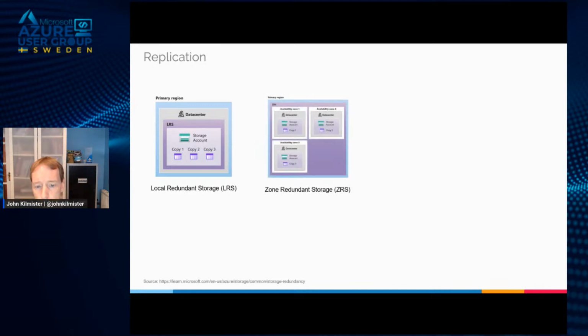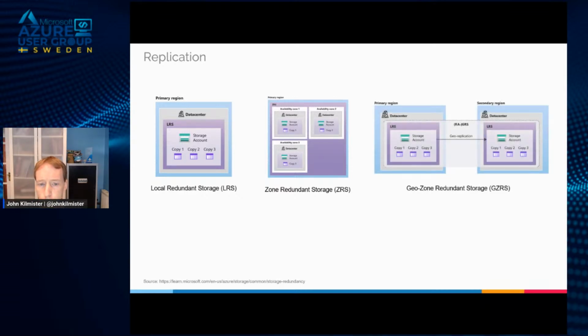If we go zone redundant, that means that they are in different availability zones. So if there is an outage, a network outage or a power outage inside a data center, the other copies are still available and there for you. But that is all within one region.